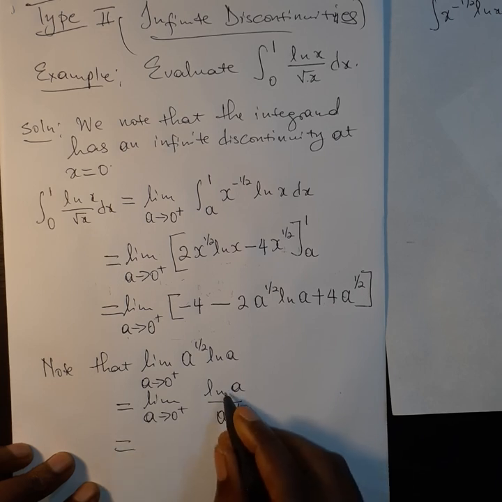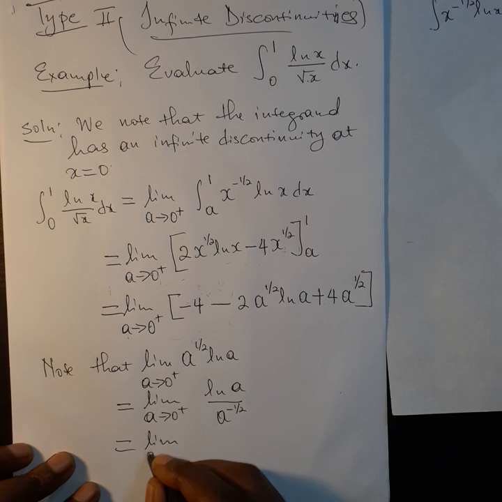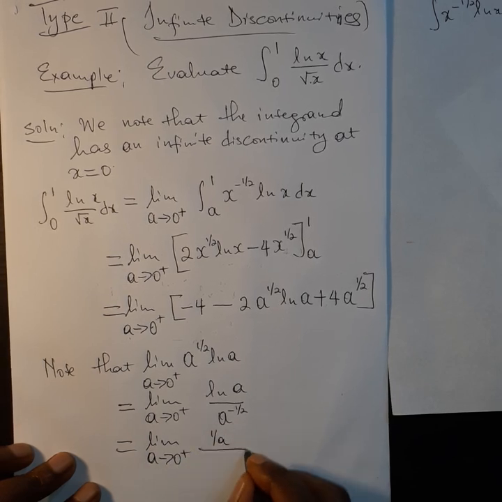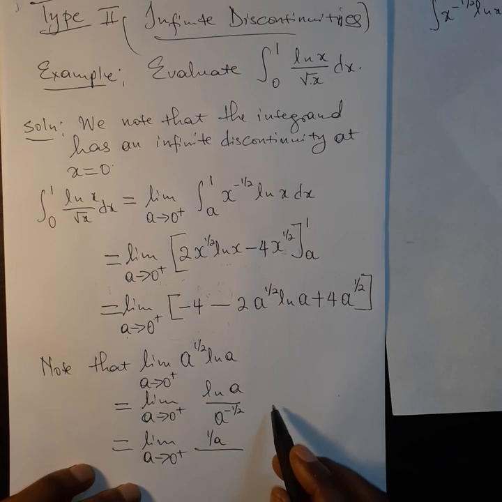So if we apply L'Hopital's rule, we will differentiate the top, which will be 1 over a. Differentiate the bottom. When we differentiate, we subtract.